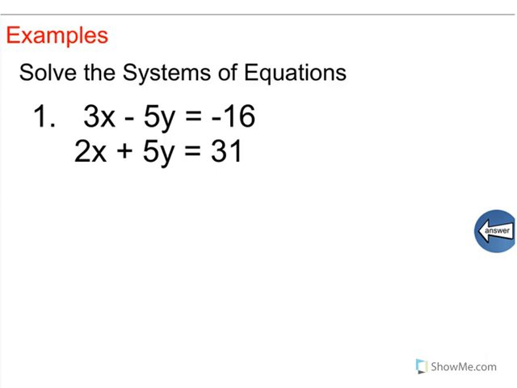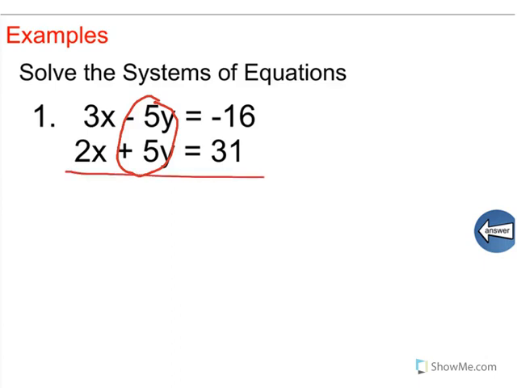Now we want to eliminate one of the variables. We're looking for the one that's easiest to eliminate, the one that has the same coefficients. If we look at the y's, both have a coefficient of 5, and we're going to be able to eliminate these because one of them is -5 and one is +5. So that's the variable that we want to eliminate.